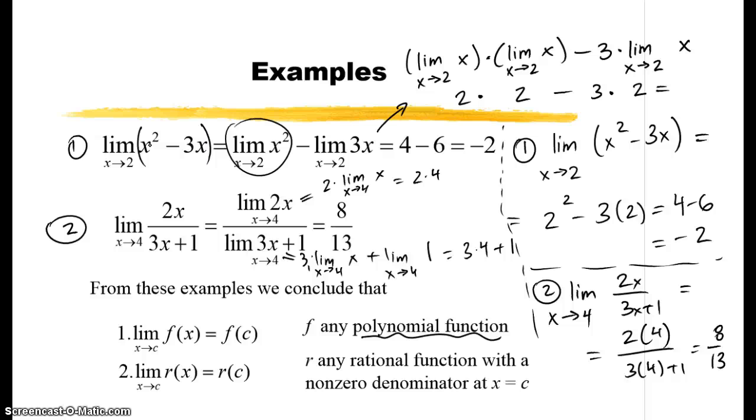So you can evaluate limits for polynomial functions by plugging in c for x. Likewise, if you have rational functions, as long as the denominator is non-zero when x is equal to c, you can evaluate the limit by plugging in, just like I did here. So instead of going through the limit properties, you could right away plug in 4, because 4 doesn't give you a zero denominator, and that's why you're okay.